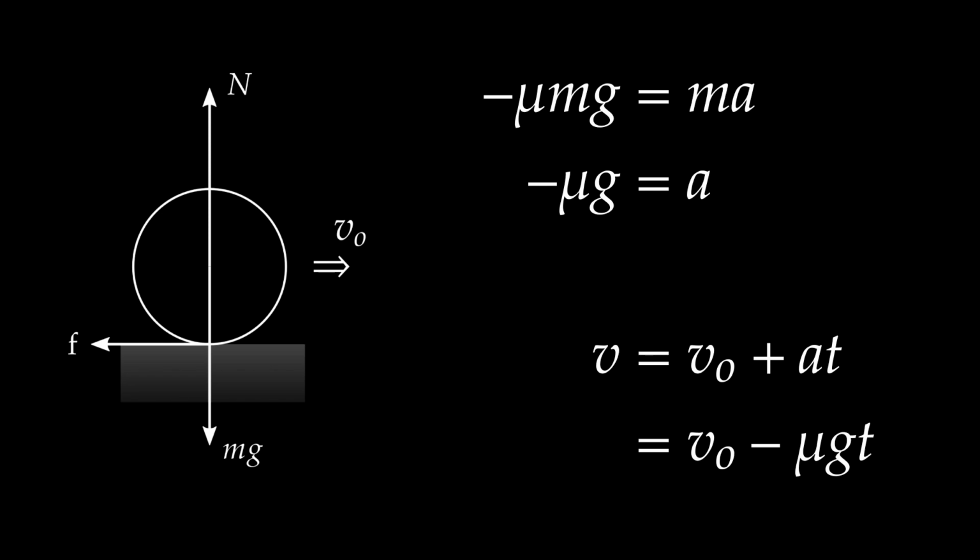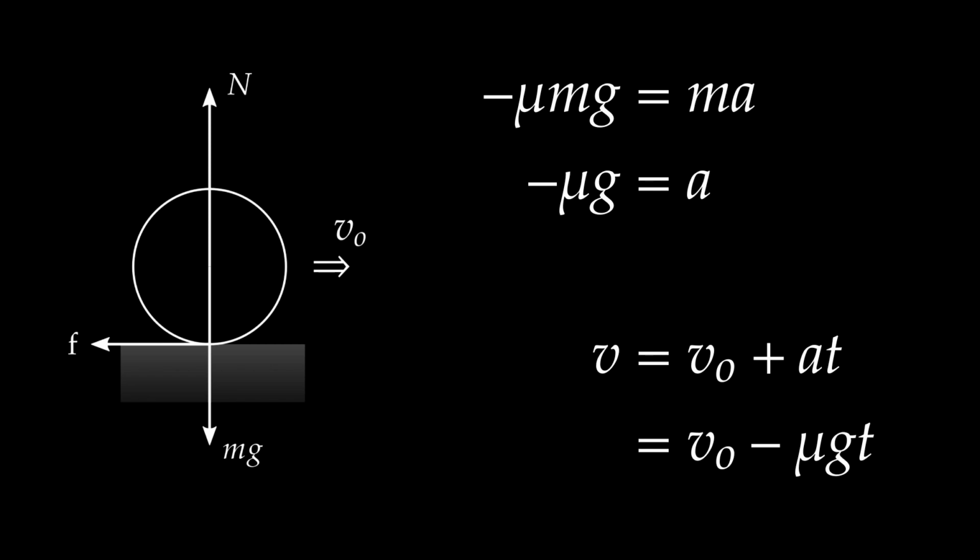Inserting that acceleration, the velocity at any time is the initial velocity minus mu g times t. That's not surprising. Because of the action of the kinetic friction force, the velocity of the bowling ball will decrease. Notice once again, I have not even considered yet the rotational motion of the bowling ball, because the rotational motion and the translational motion are independent of one another.